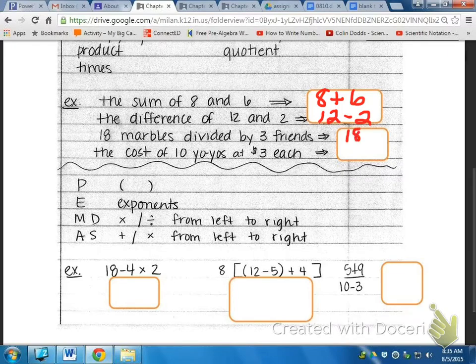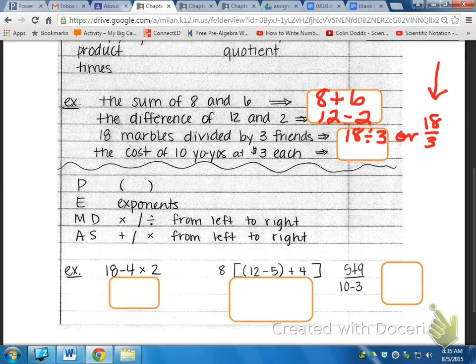Yep, and you can write it 18 divided by 3 like this, or you can write 18 over 3 like that. Both mean division, and quite honestly, in pre-algebra, the one that I'm drawing the arrow to is the one that you're going to use more of. But if you still want to use the division sign right now, that's fine. The cost of 10 yo-yos at $3 each.